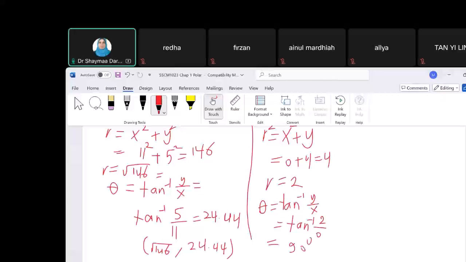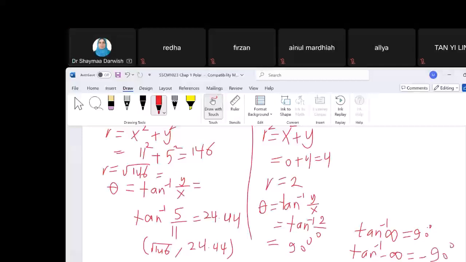Okay, keep this in your mind. Tan inverse infinity is 90 degrees.